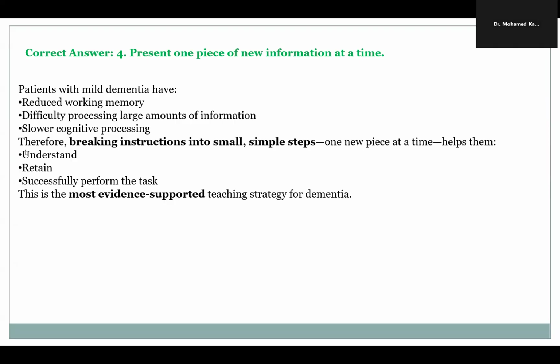Therefore, breaking instructions, or physical therapy instruction or motor learning, into small, simple steps, one new piece at a time, helps them first to understand, second to retain, and third to successfully perform the task, which is our ultimate goal of this motor training and physical therapy intervention. So the most evidence-based supported teaching strategy for dementia is to present one piece of new information at a time.